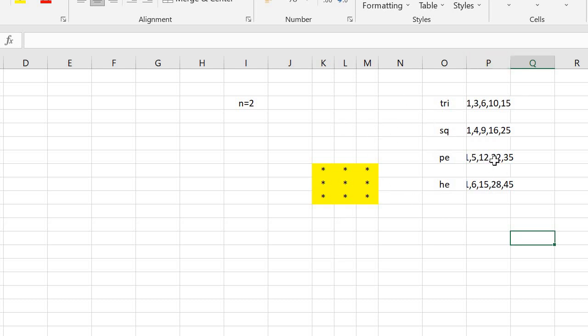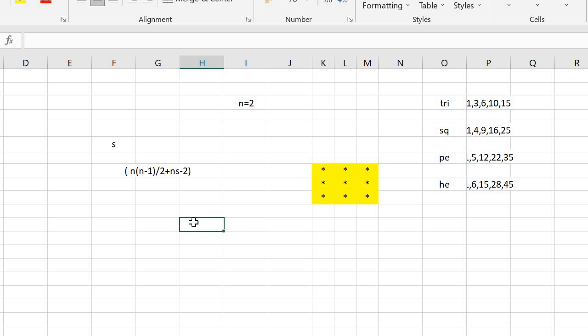If S is the number of sides in a polygon, then the formula for the nth gonal number is: (S minus 2) into n into (n minus 1) divided by 2 plus n. We know a pentagon has 5 sides, but since I don't know how many sides in general, I generalize it with the term S. So this is the formula you are going to use.